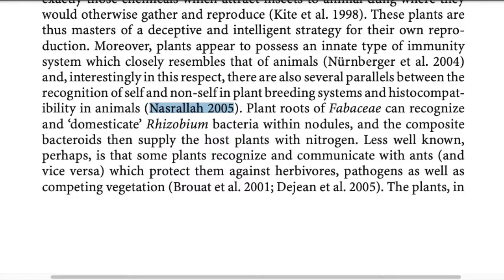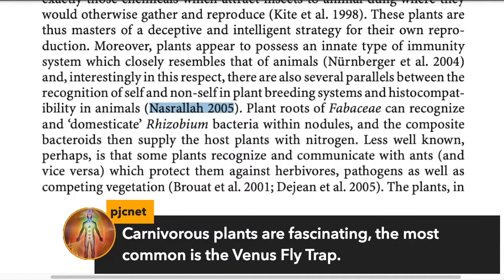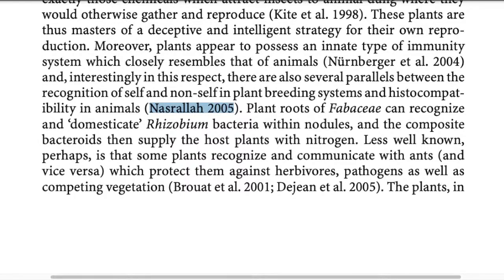Let's see here, carnivorous plants are fascinating. These are the most obvious, and the ones, for instance, that Darwin would comment on, because it's so easy to see how the environment can cause an action within their organs. All right, let's proceed. The plant roots of Fabaceae can recognize and domesticate rhizobium bacteria within nodules.